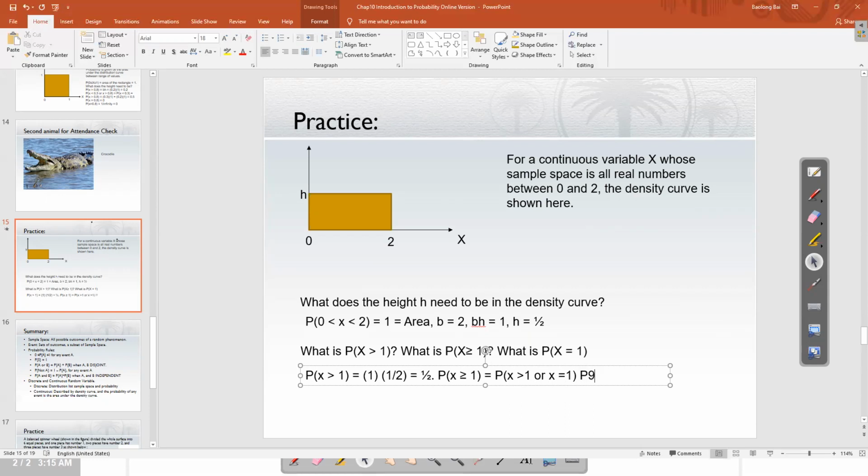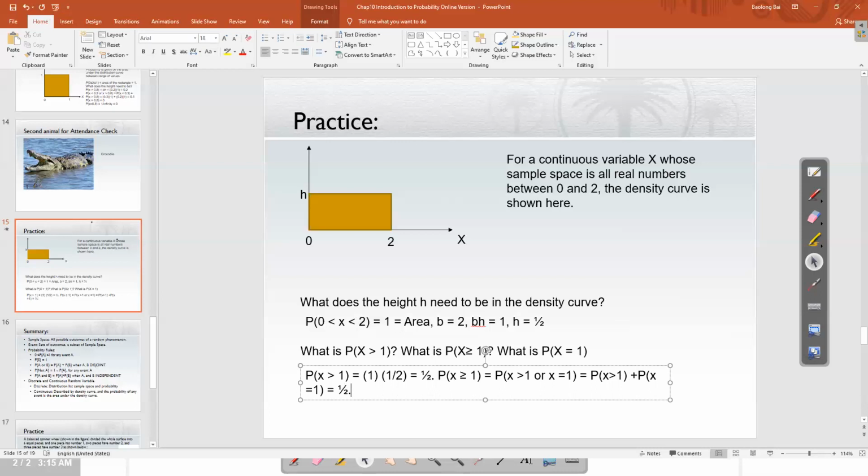So when you have "or", this is the addition rule. Then what's the probability of x equal to 1? 0, right? A single point doesn't have probability. A single line doesn't have area, right? So this is still 1/2.